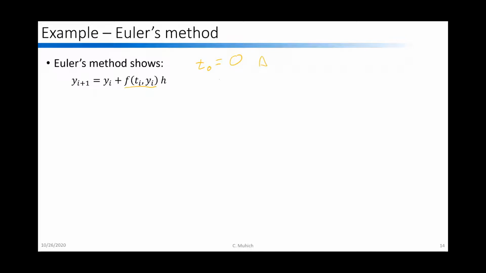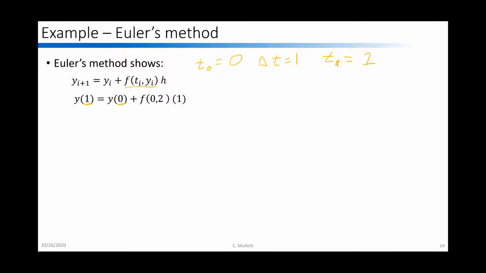My delta t was equal to 1. So the next t that I'm looking at, t1, is equal to 1.